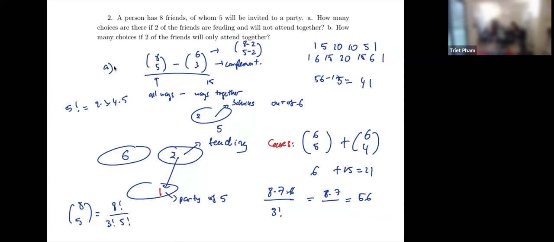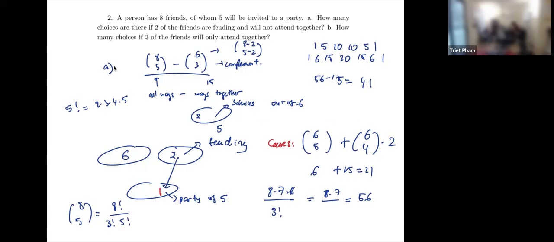Oh, sorry. This is incorrect. I forgot this. If I choose all 5, I can choose all 5 to go from here. But if I choose 4, there are 2 ways for me to choose the one friend. So this is times 2.